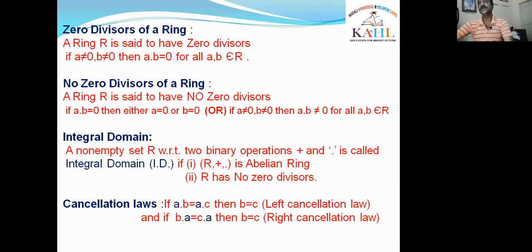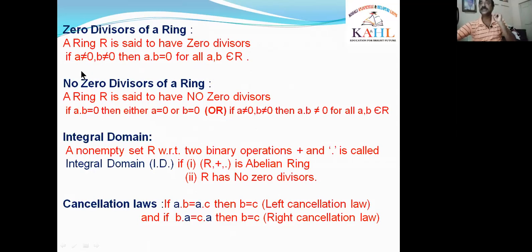Next, students, we learn the definitions. Zero divisors of a ring. We can say that a ring R has zero divisors if A is not equal to 0, B is not equal to 0, but the product AB is 0.